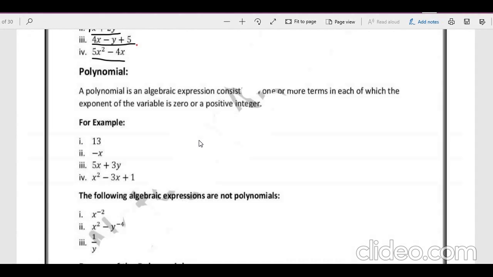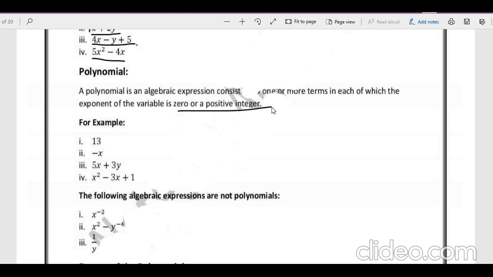What is a polynomial? If we apply a condition on an algebraic expression, then it becomes a polynomial. The condition is that the power or exponent of a variable must be 0 or a positive integer.